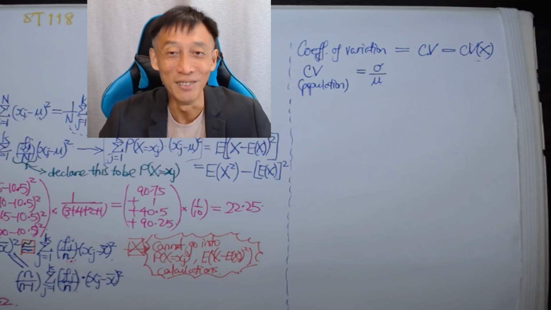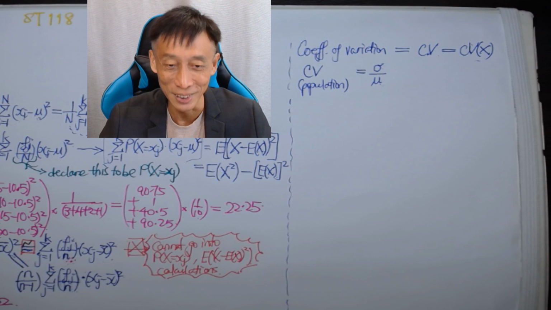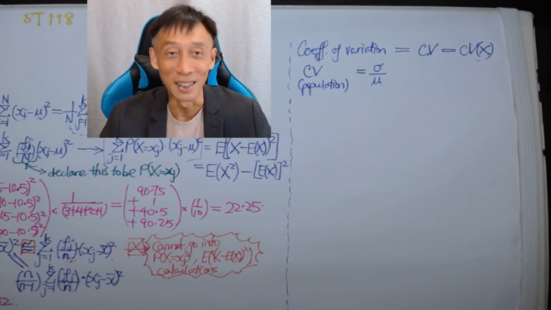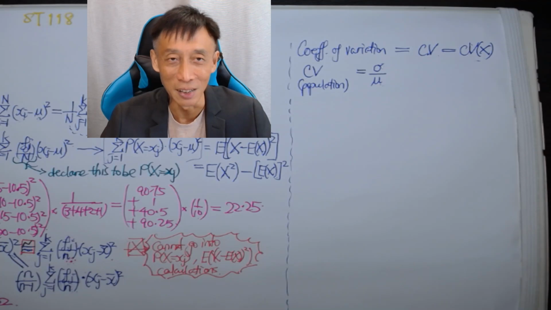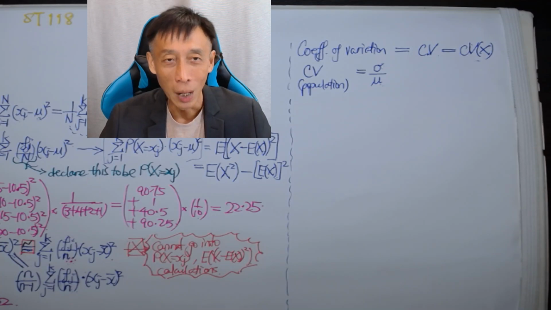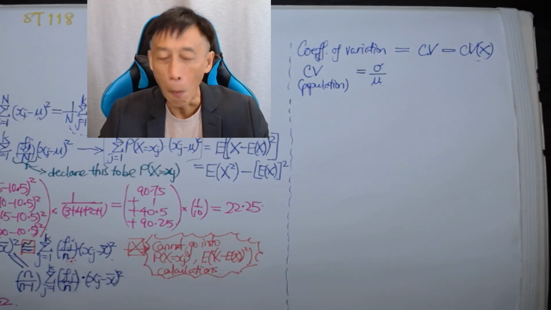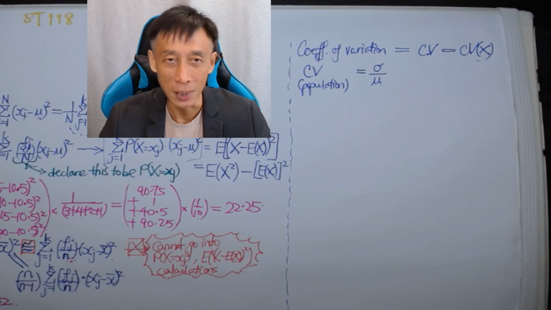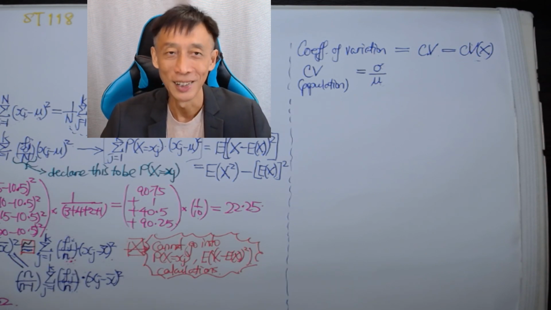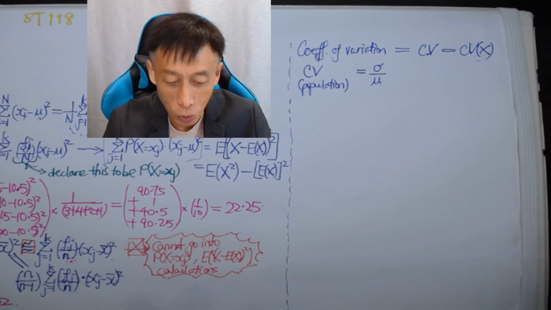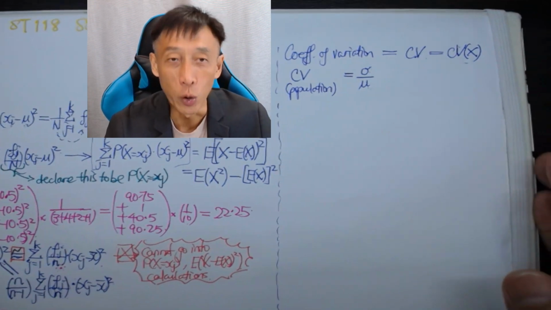That's very unsettling, right, for an investor who is seeking less risky investment. So how do I compare City Development with DBS Bank? The kind of fluctuation. You cannot use standard deviation because both give you 40 cents of standard deviation. Then we will use the coefficient of variation.